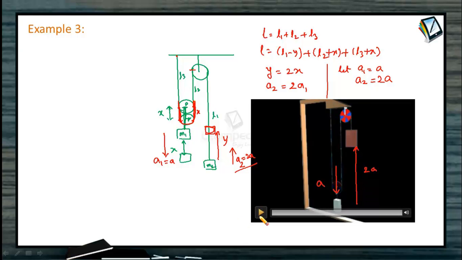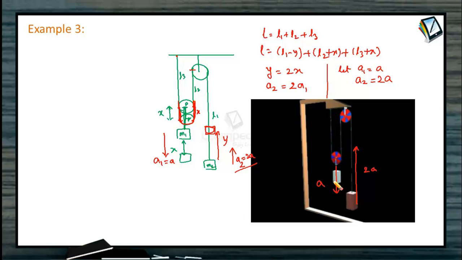So what are the forces? This mass I will take as m1. On this body it is m1g. The tension in the string here is 2t, because this tension is t. Here we have the force. This is m2g downward. This side tension t. This tension t.